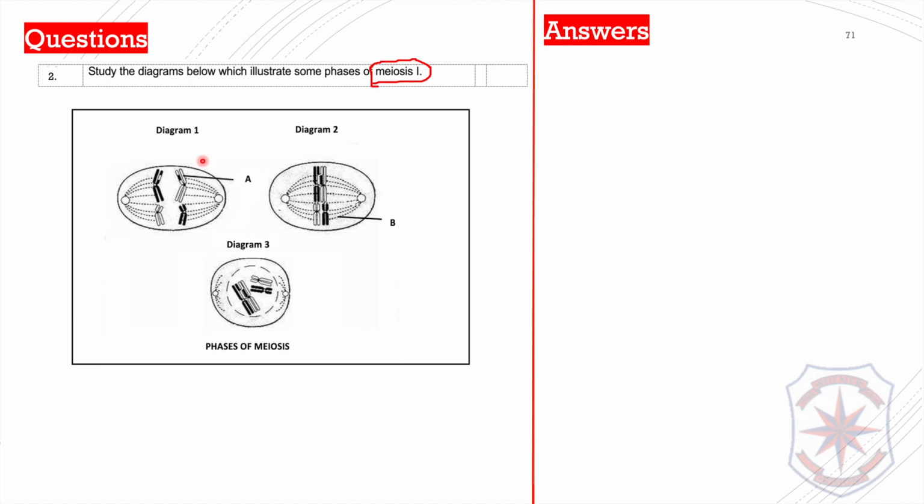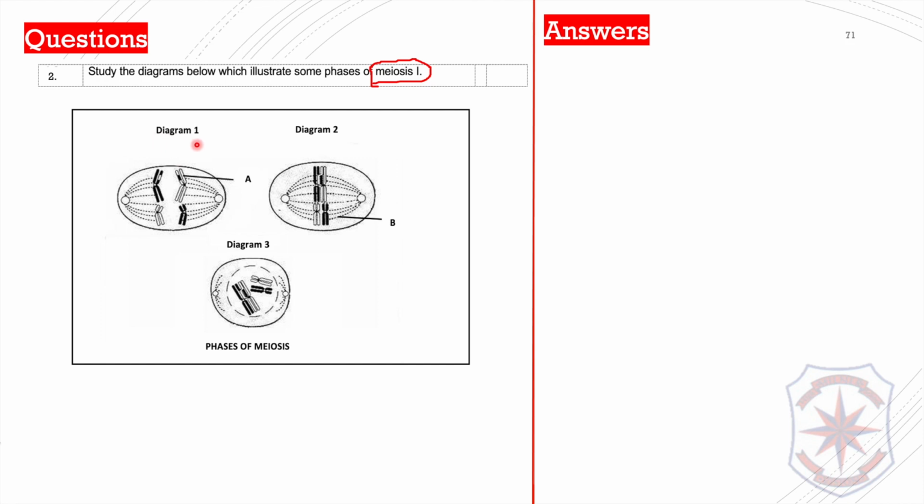All right? Okay, so diagram 1, diagram 2, diagram 3, and then we have unlabeled parts, part A as well as part B. So we are supposed to identify the phases in each diagram, and we are supposed to label the parts A and B to get some context before we even look at the questions. Let us check. So diagram 1.